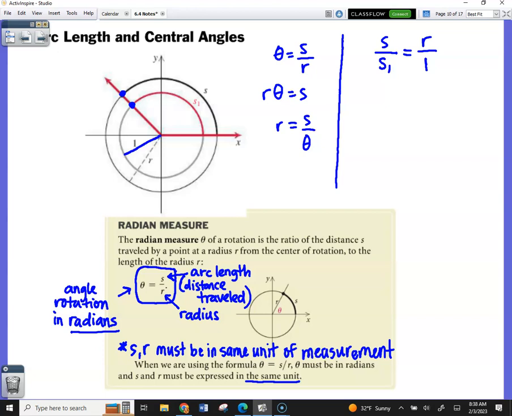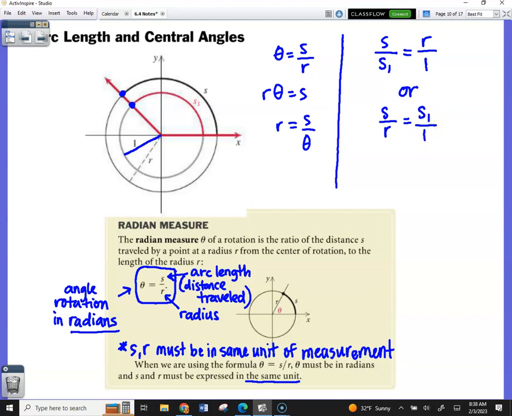Now let's cross multiply this. I'm going to write a big OR here. If I multiply S1 to the right, and then I divide by R, y'all see what I'm doing there? But this is just a 1, right? So if I cross multiply the S1 to the right, and then I would divide the R to the left, I would end up with this over 1.